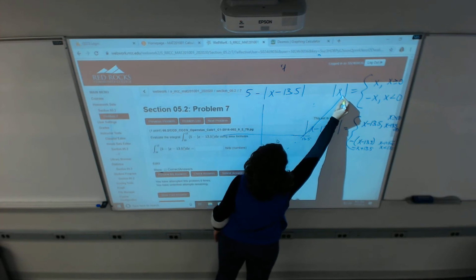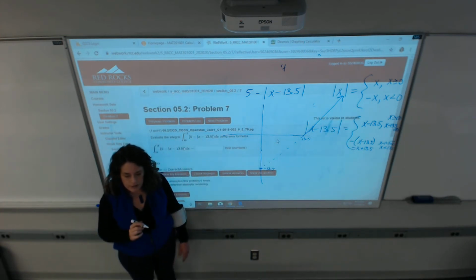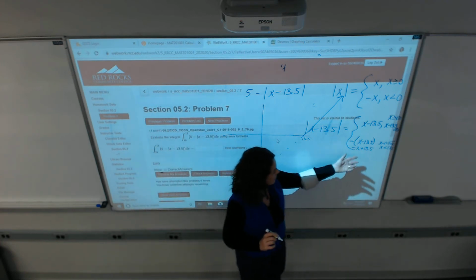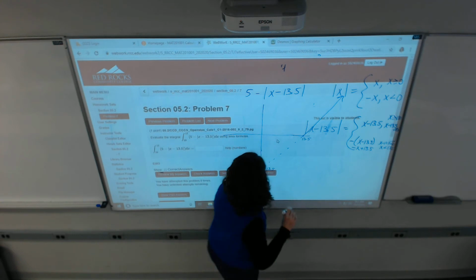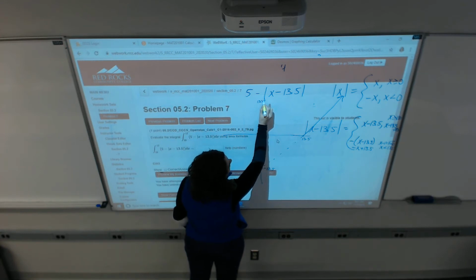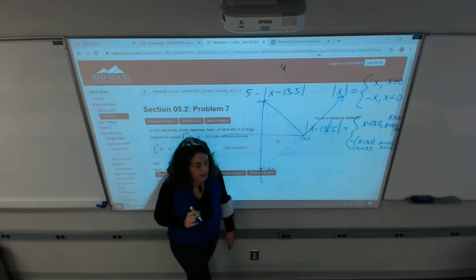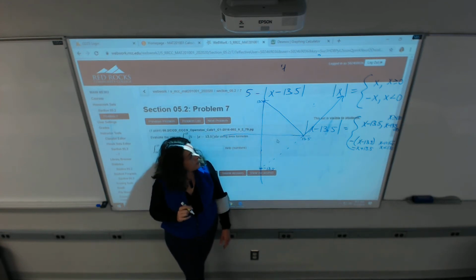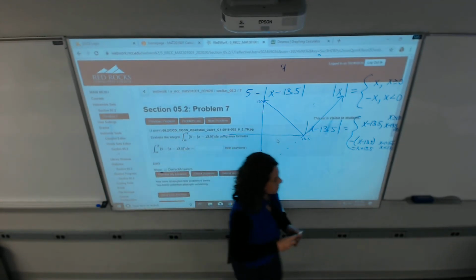So from here up, I have that graph. All right? Where would you get this graph? This would be negative x plus 13.5, and I declare 13.5 to be there. So it would be coming down like, there it is, right? Now what? What does the negative do to it? Turn it upside down.